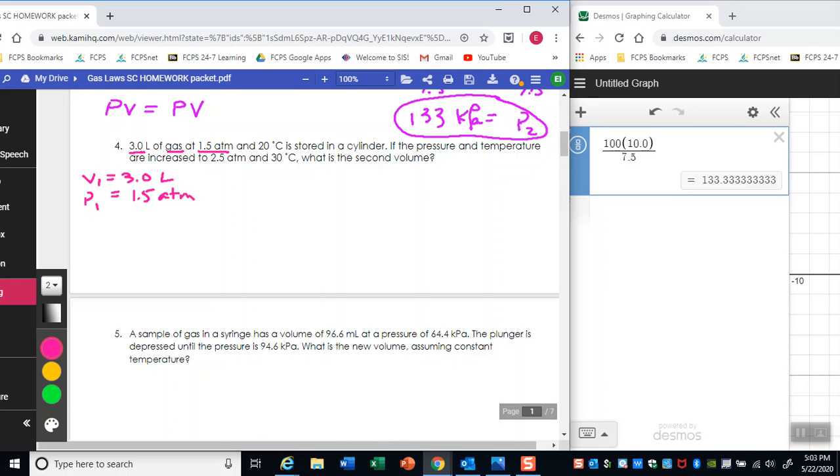Again, Edpuzzle, watch that so you understand what atmospheres are. And then I've got a temperature. All right, and it's 20 degrees Celsius. When we have all 3 of these things going on, we want to convert our Celsius to kelvins.